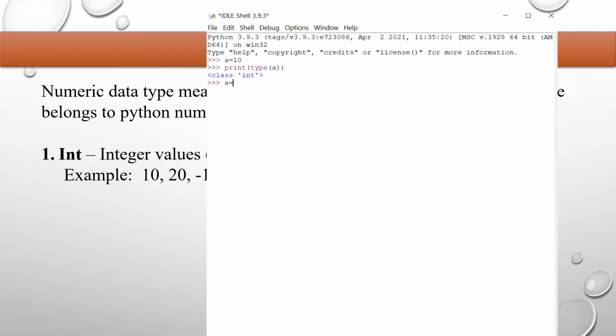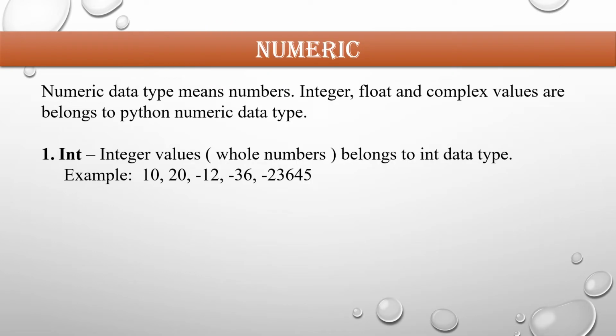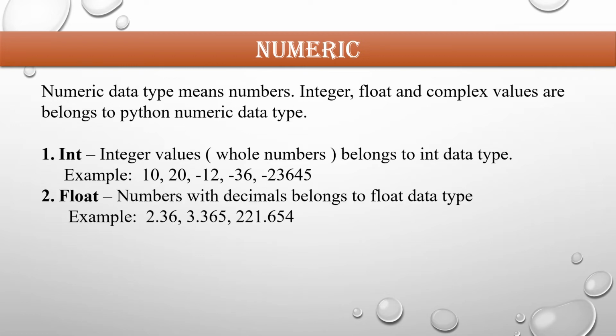Like if we take a = -12, then print(type(a)), we will get the output as integer type value, meaning whole numbers belong to the integer data type. Next, float. Numbers with decimals belong to the float data type. For example, 2.36, 3.365, 221.654.